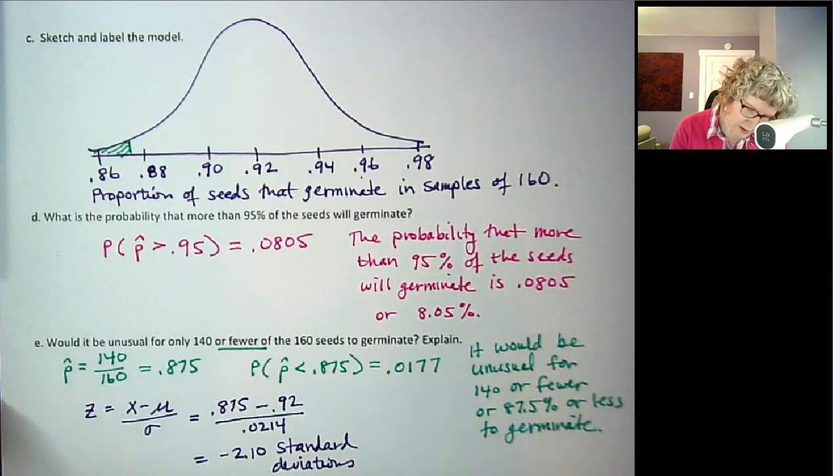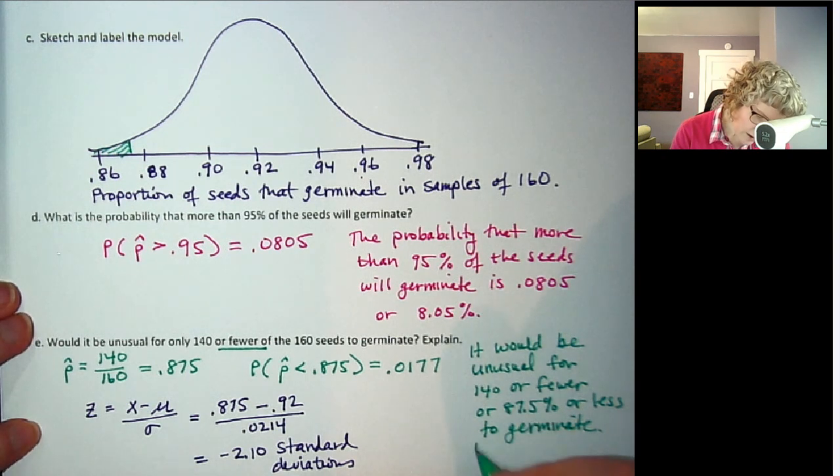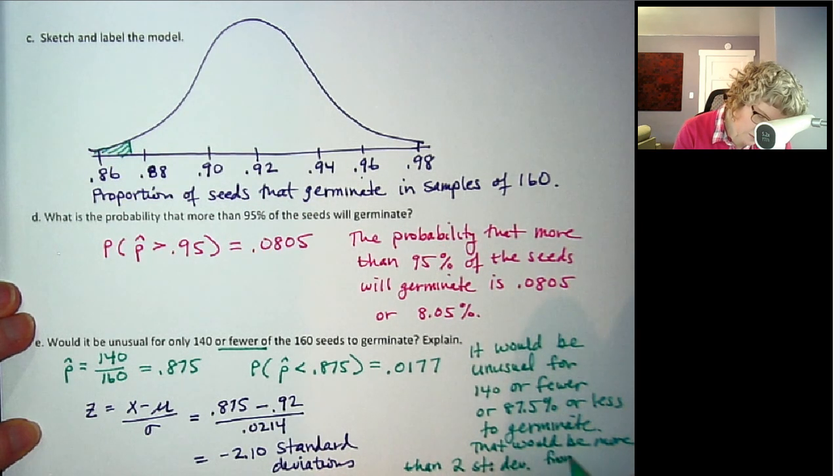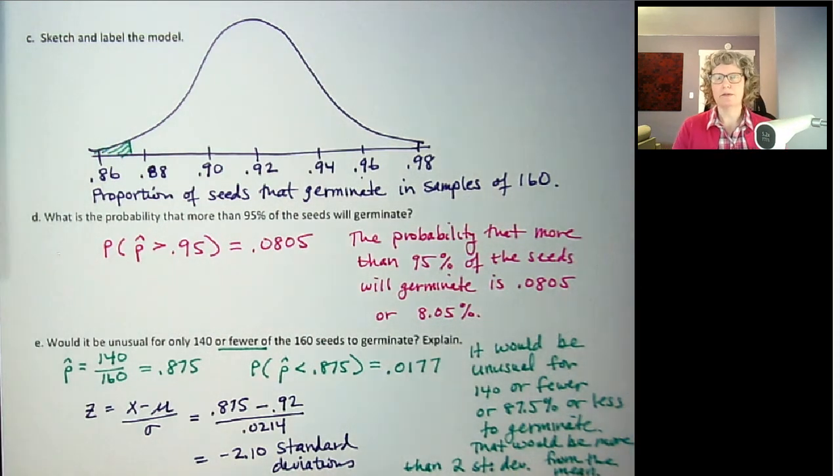Okay, so we could say that would be more than 2 standard deviations, I'm going to have to abbreviate, from the mean. So that's another way to show it's unusual, either a small probability or a high z-score. Okay, so use this information, use these examples to try out the homework, and I will see you soon.